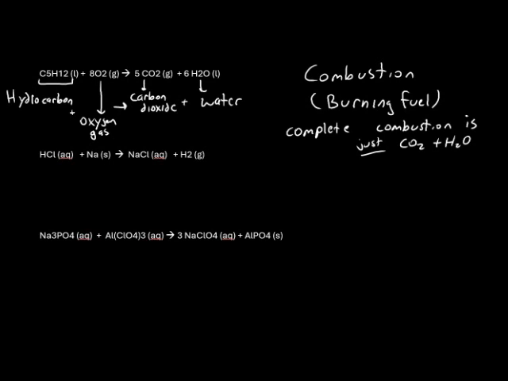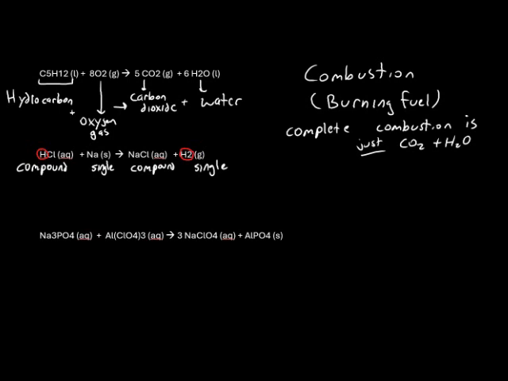Our next reaction has HCl, which is a compound, added to a single element, that's sodium. Notice on the right side, we still get a compound and we still get a single element, but the compound is different from before. Previously, our hydrogen was connected to chlorine, but in the product, the hydrogen is now the single.